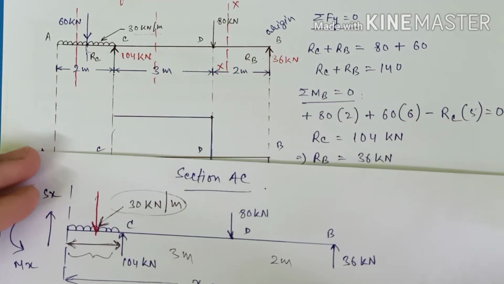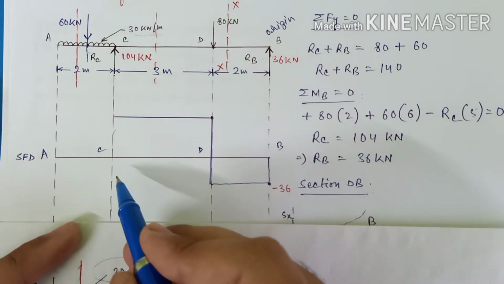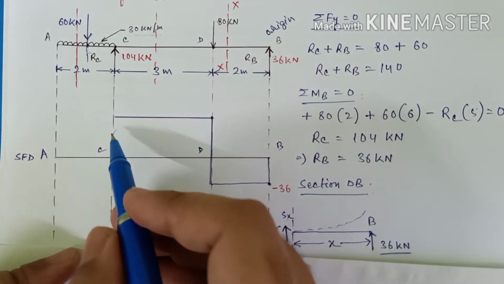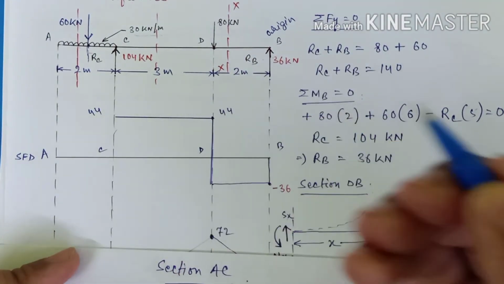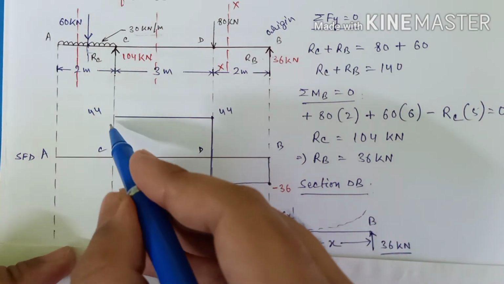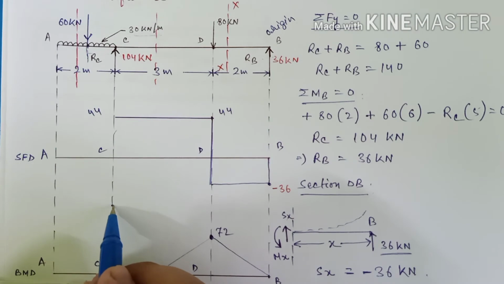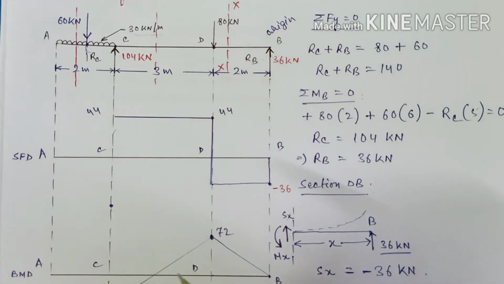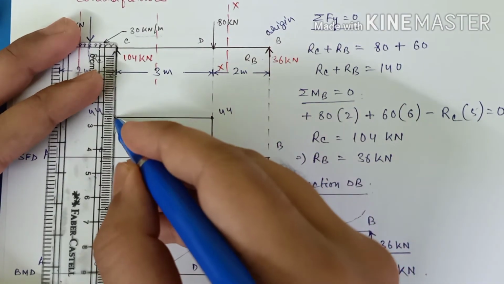So let us plot the points, guys. The value of shear force at C, this is my C, right? The value of shear force at C is minus 60, mind it, so it will be below the baseline, here. Okay, let us join this.